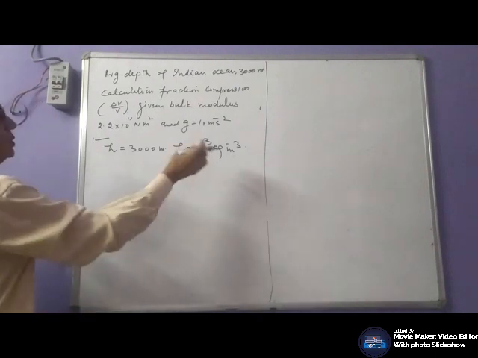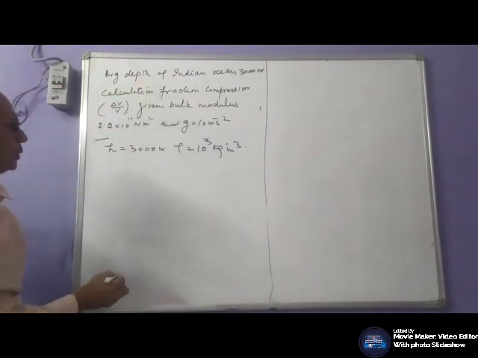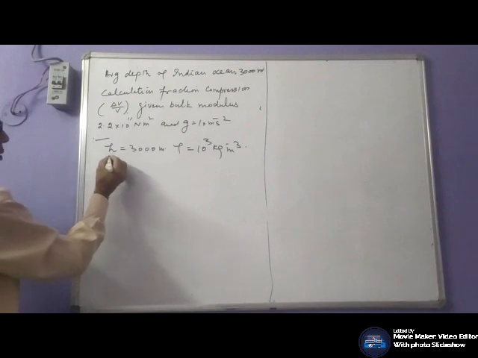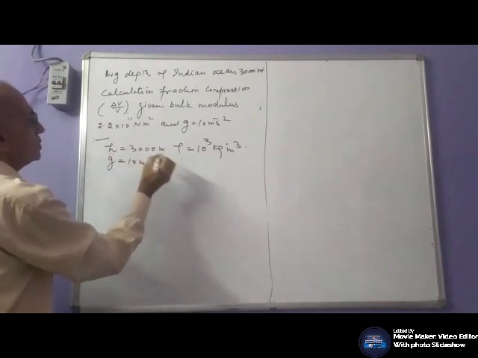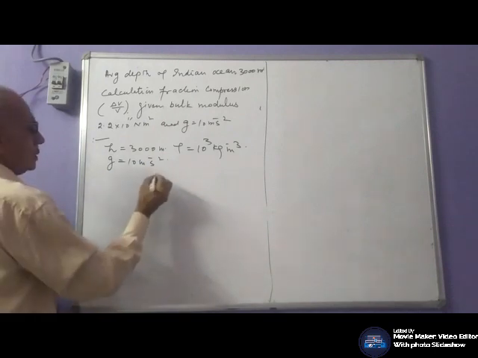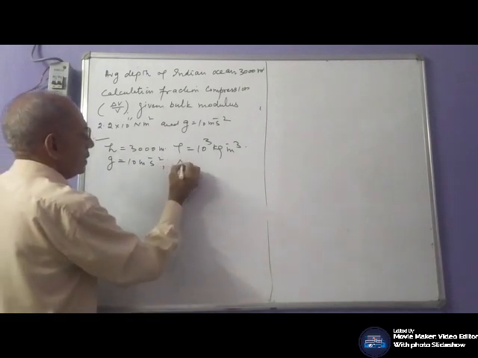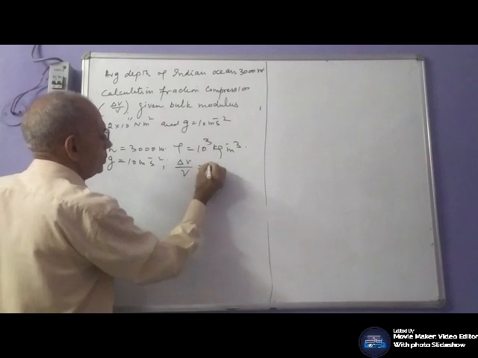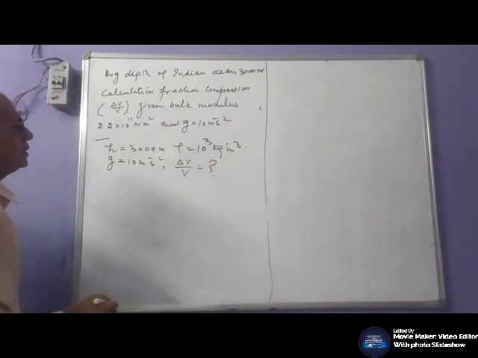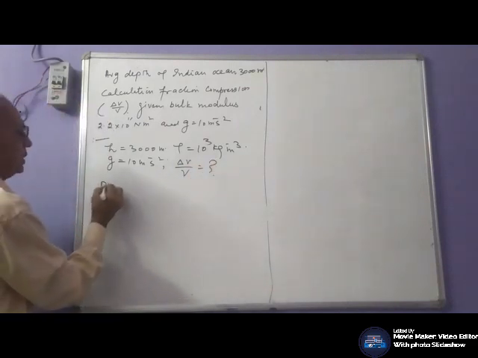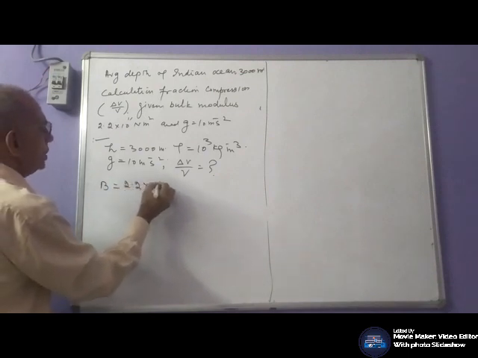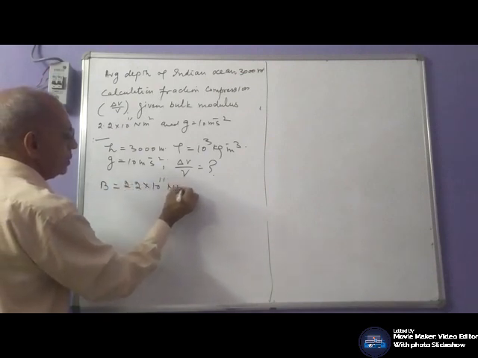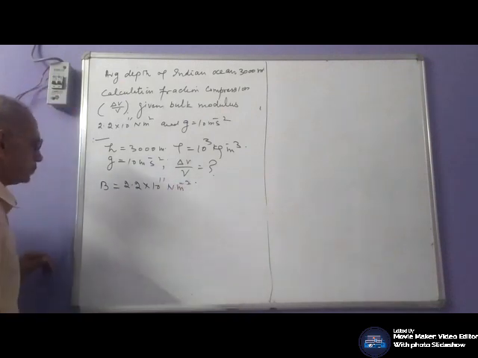If we don't know, then it will be given. g is 10 meter per second square. Calculate the fraction of compression, given that B is 2.2 × 10 raised to power 11 Newton per meter square.